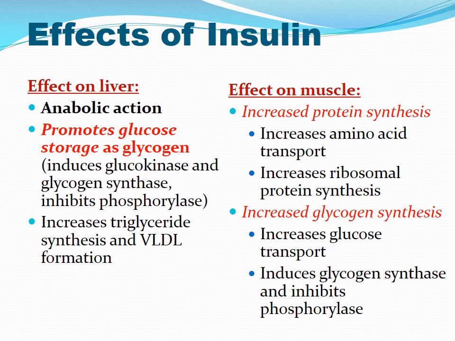Effect of insulin. Insulin has effects on many organs. First, the liver, where it produces an anabolic action, promoting glucose storage as glycogen. It also increases triglyceride synthesis and very low density lipoprotein formation. On the muscle, insulin increases protein synthesis through increased amino acid transport and also increases ribosomal protein synthesis.